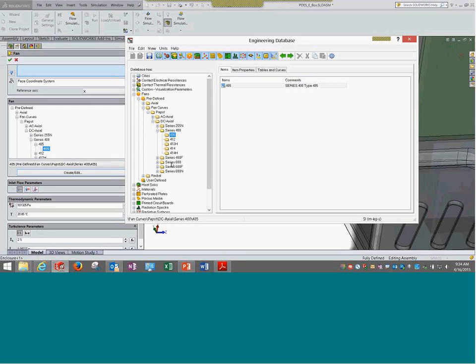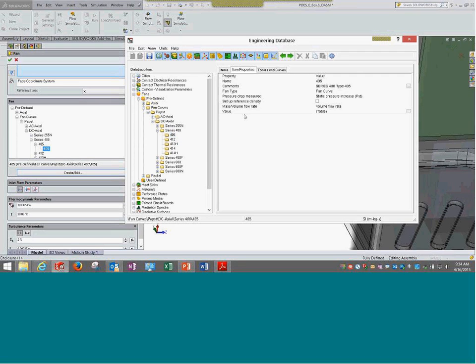Local fans are available with a license of Flow Simulation. However, with the electronic cooling system, we get a more comprehensive database of fans. I believe this particular fan is present in Flow Simulation itself, so that's fine.